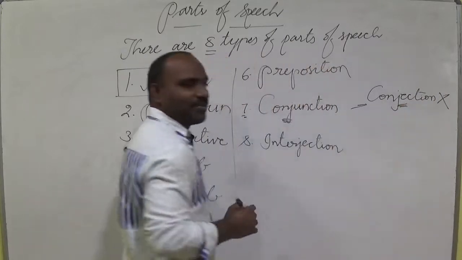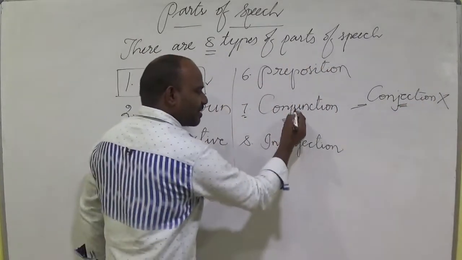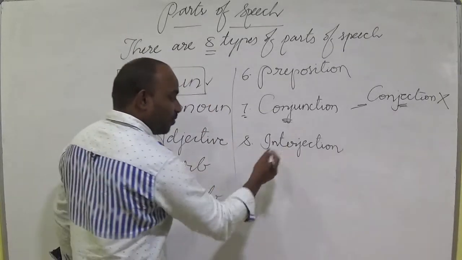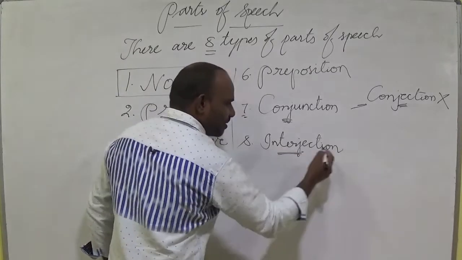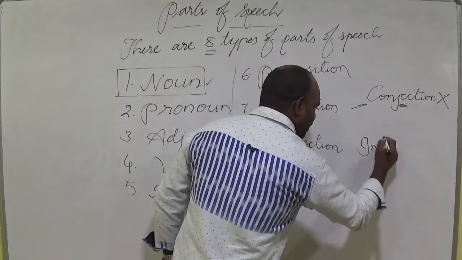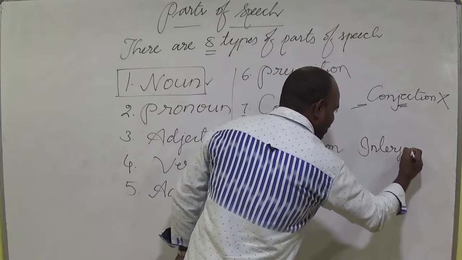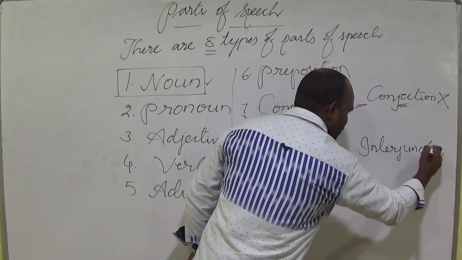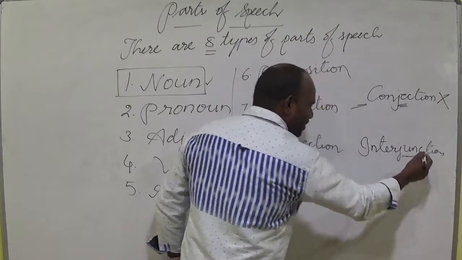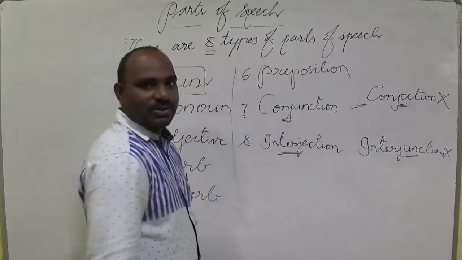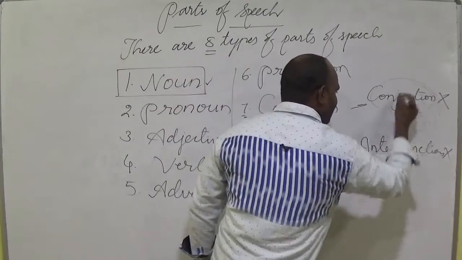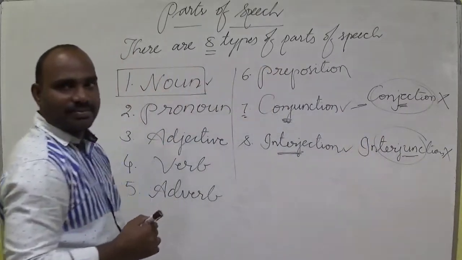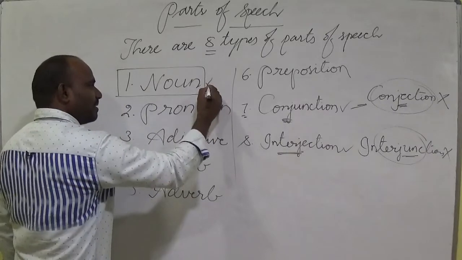And one more common mistake every student makes is, while writing interjection, they usually write interjunction. Interjunction is also not correct. See, these two are wrong: conjunction, interjection. And first we'll discuss noun.